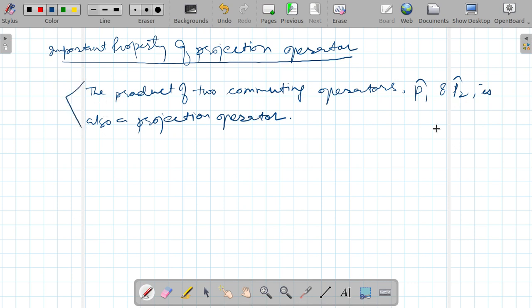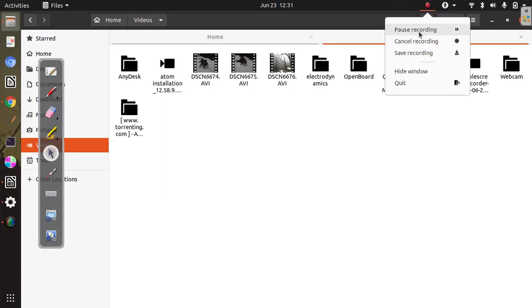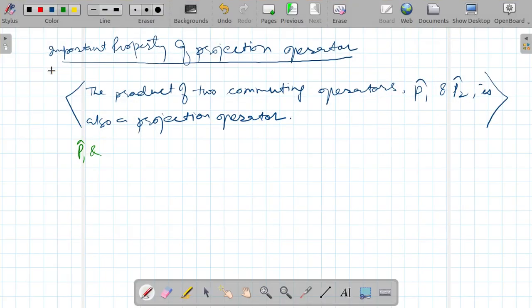Let us try to understand what this means. Consider two operators P1 and P2, and they commute.